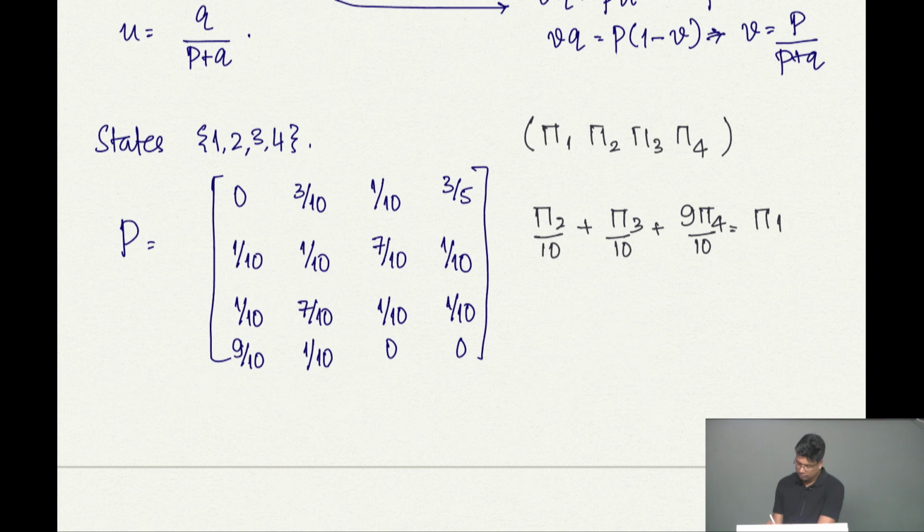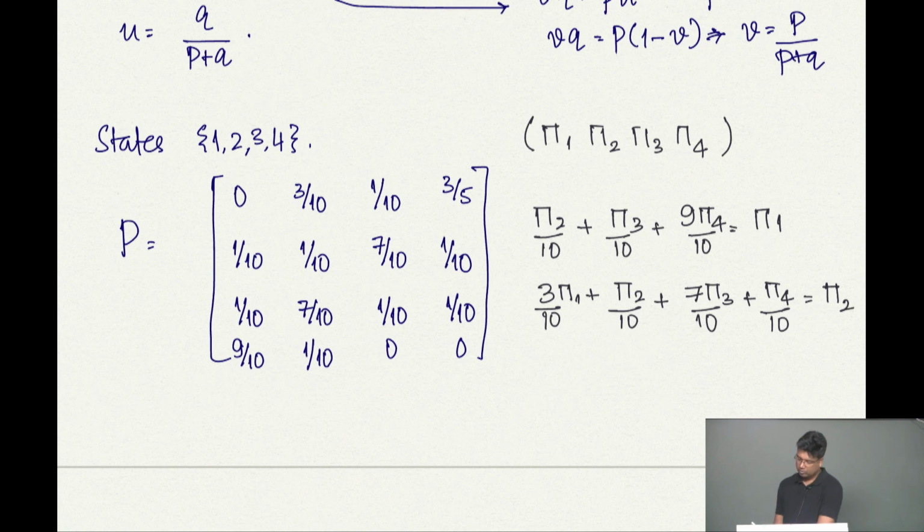And then what is the second equation I have? 3 by 10 times pi 1 plus pi 2 by 10 plus and so on.